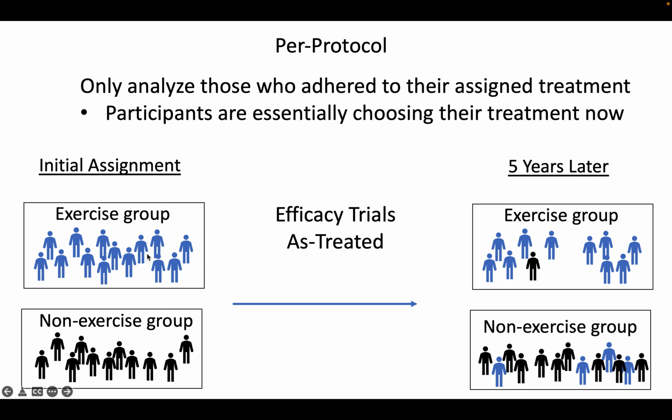With an efficacy trial, we might overestimate its effectiveness, because now we have this group that is strict adherers to the medication, which has really isolated the effectiveness of the medication, because now we definitely know how effective it is. But that's not necessarily an indication of how effective it will be in the real world, because in the real world, some people stop taking it, and that is part of its effectiveness.